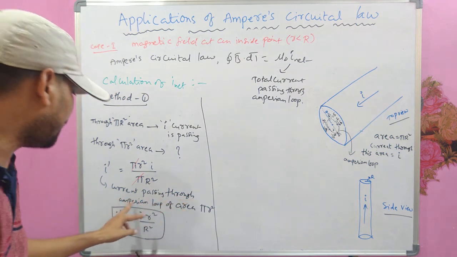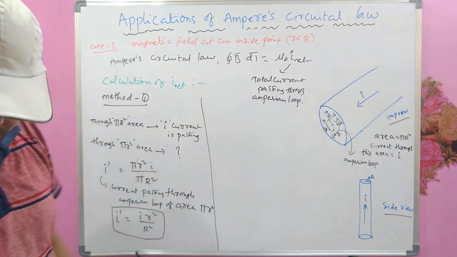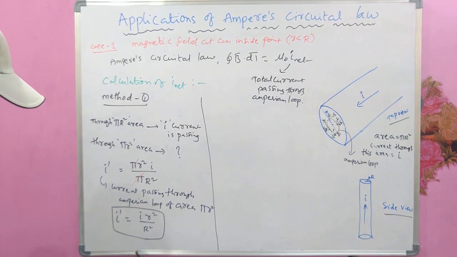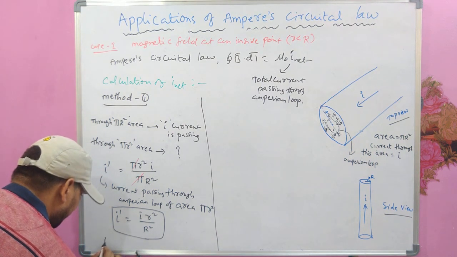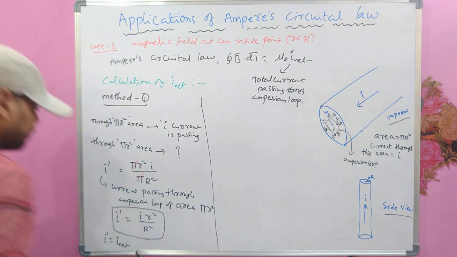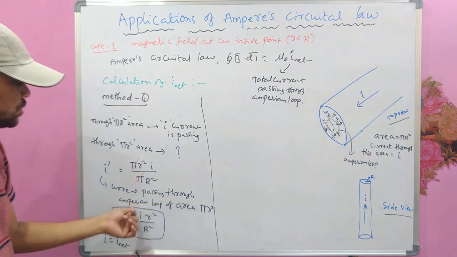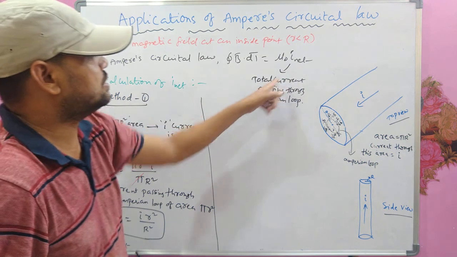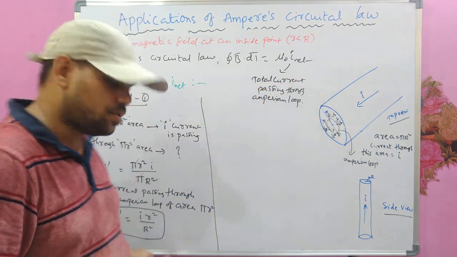Current passing through the Amperian loop, which means I can also write I prime as I net, because I prime is the current passing through the Amperian loop.